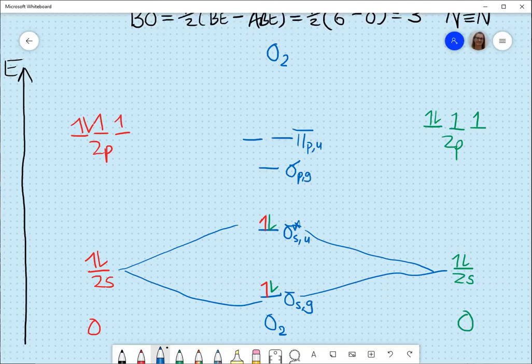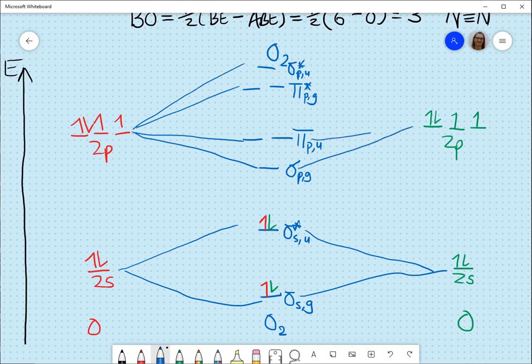And then we've got the pi star p, gerade, and then the last one is the sigma star from the p orbitals, and that is ungerade. Okay, so we roughly have the links to the orbitals from the p orbitals of the atomic orbitals.